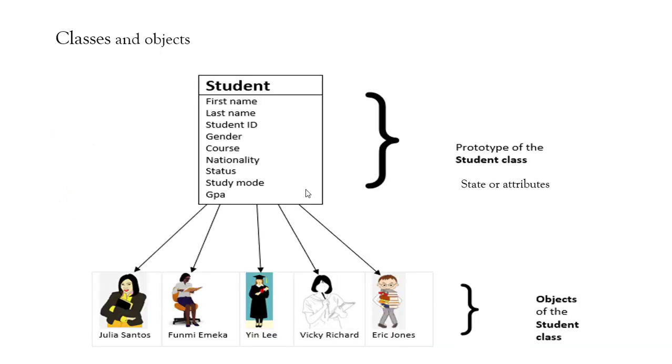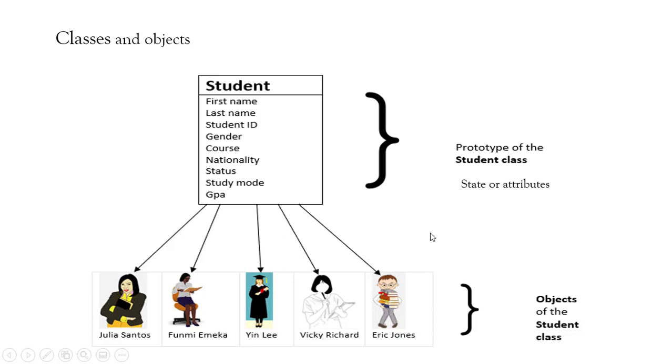Alright, now that we have looked at classes and objects in a theoretical aspect, let's look at it in the practical aspect. We are going to actually model a class, create a class with these attributes as our prototype, and create objects from it. We will create these 5 separate objects from this class.